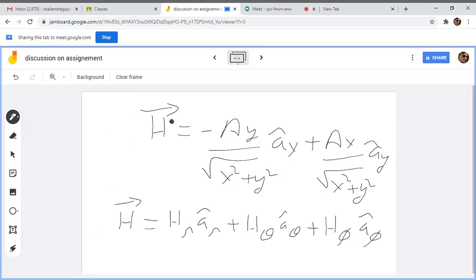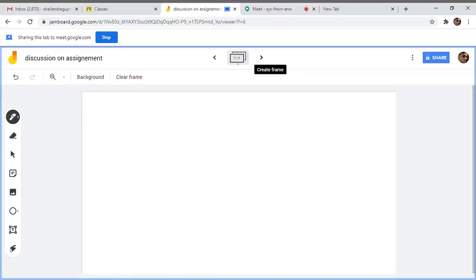Okay, these both h are same. So what will be hr? hr will be vector h dot vector ar.